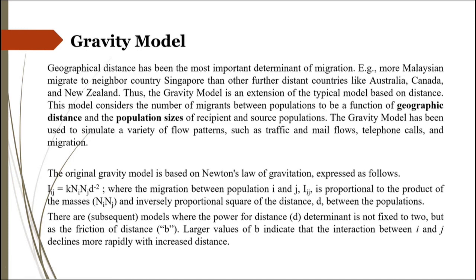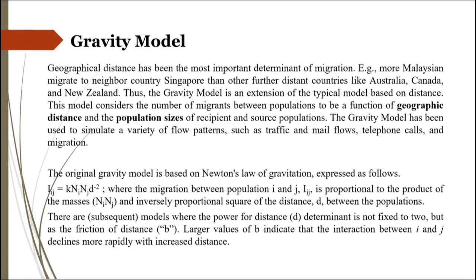For example, if you are born in, let's say, Sungai Long, right? The tendency for your chosen destination to migrate to, most likely you will choose a nearer distance than a further distance. Like for example, between Singapore and New Zealand, you prefer to choose Singapore than New Zealand because it is far away.